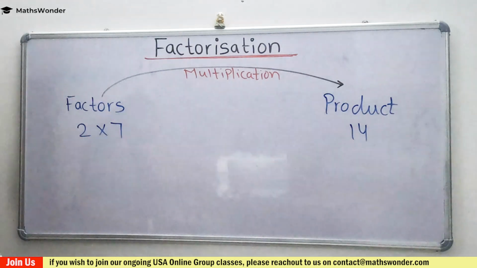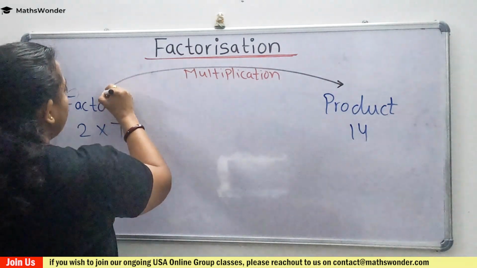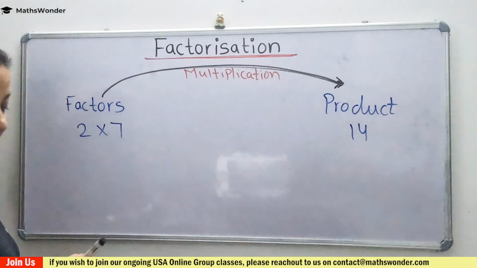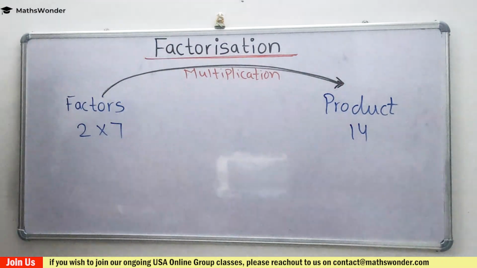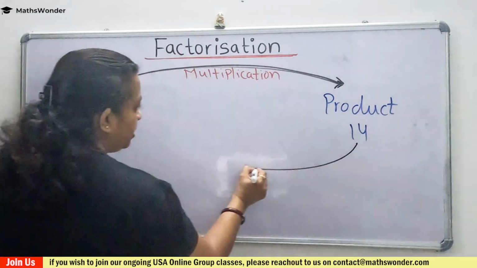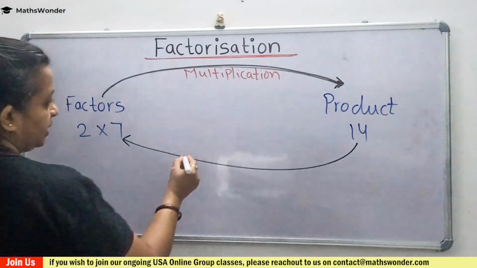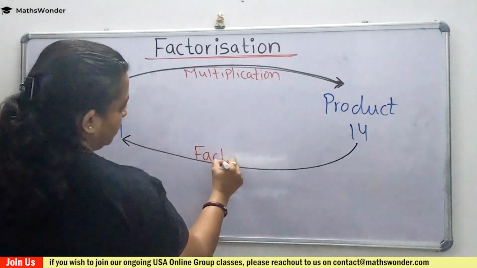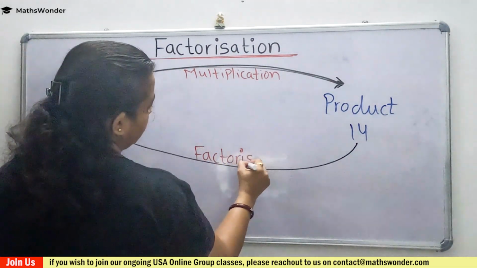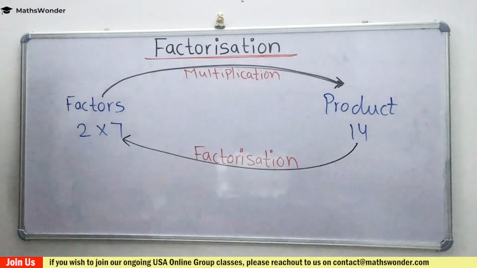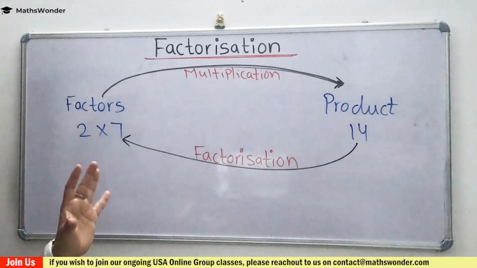Multiplication, right? As a normal thing, you know it. But the same thing in the reverse form, what is this? This is factorization.